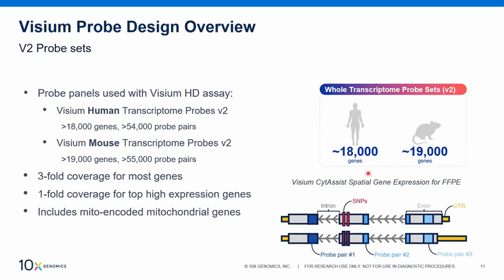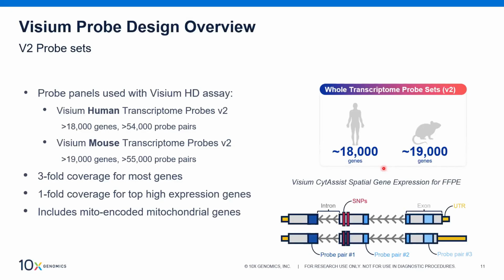So for HD, we are working with the version 2 probe sets. They are for mouse and human tissue, and they are whole transcriptome probe sets. They contain 18,000 genes in the human set and 19,000 genes in the mouse set. These probe sets are designed in a way that most genes are covered by 3 probe pairs.